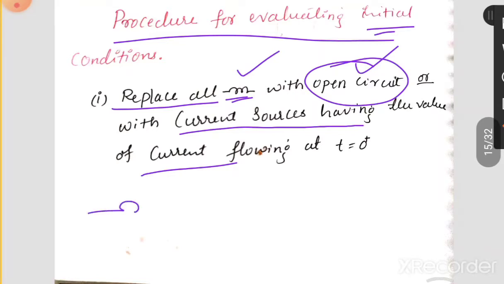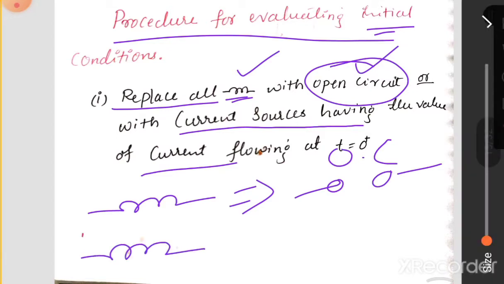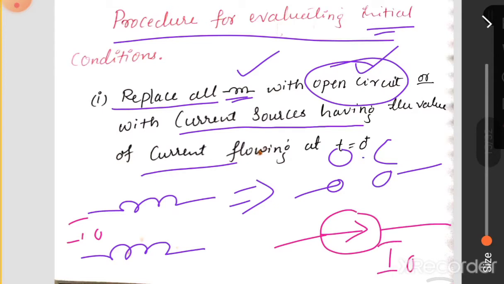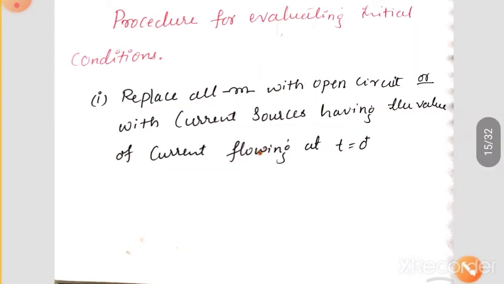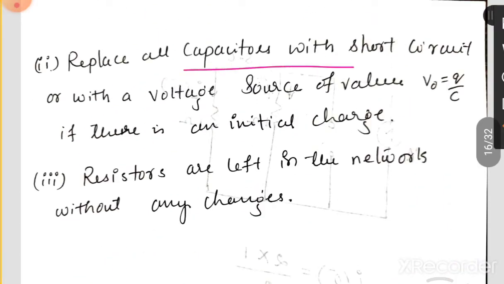Suppose you have an inductance and there is no current flowing through it initially, then you can take it as an open circuit immediately. But if the inductance has a certain current I naught flowing through it, then the inductor has to be replaced by a current source with the same current I naught. The second step is to replace the capacitor with a short circuit or with a voltage source of the value V naught.